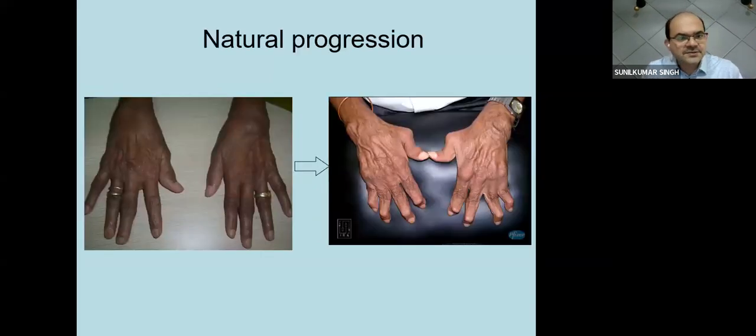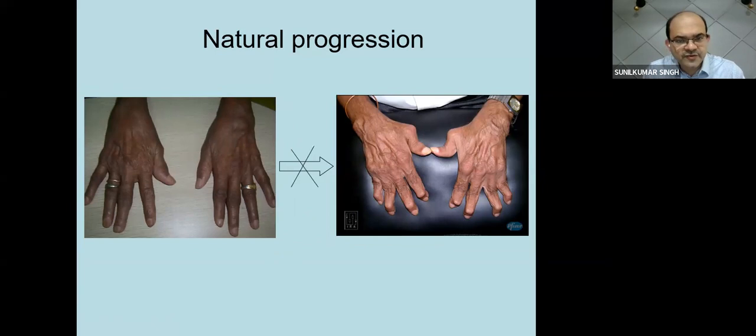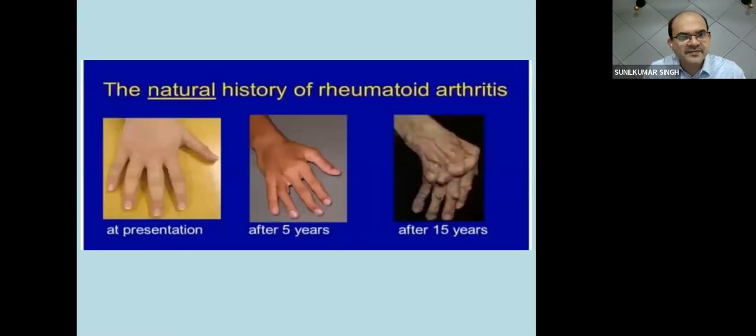Now, this is what I would like you to see, that this is a natural progression of rheumatoid arthritis. If left untreated, it is going to damage the joint and lead to deformities. And of course, the treatment, whatever we do, is to try and inhibit this progression from happening.